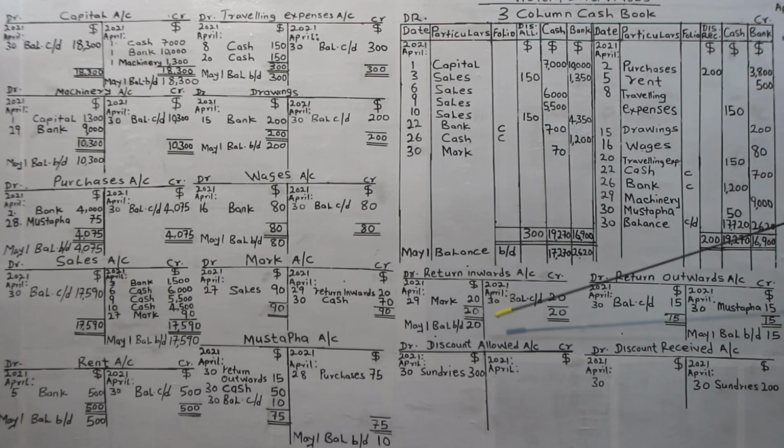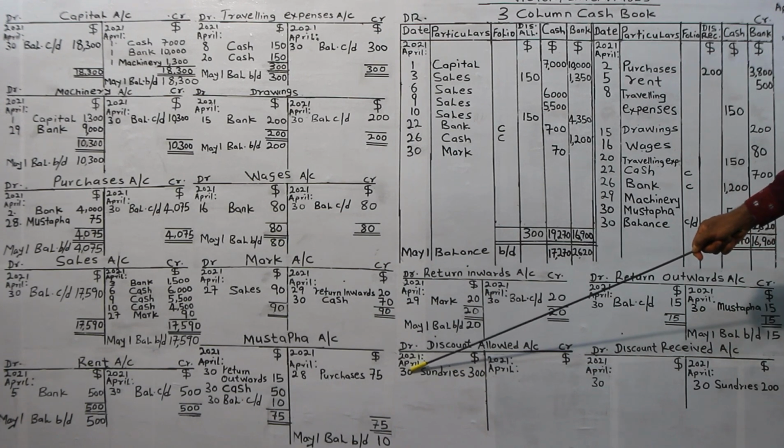Now, the discount allowed is debited with $300, which we note as sundries, meaning total of discounts allowed, or a collection of all the discounts allowed. So the total of 300 was collected at the end of the month, 30th April 2021.